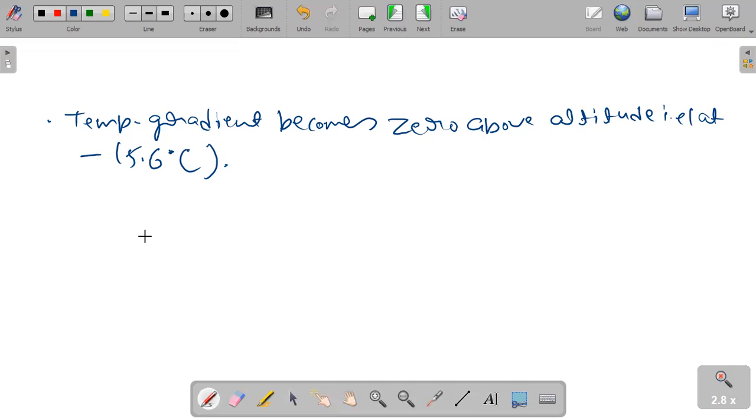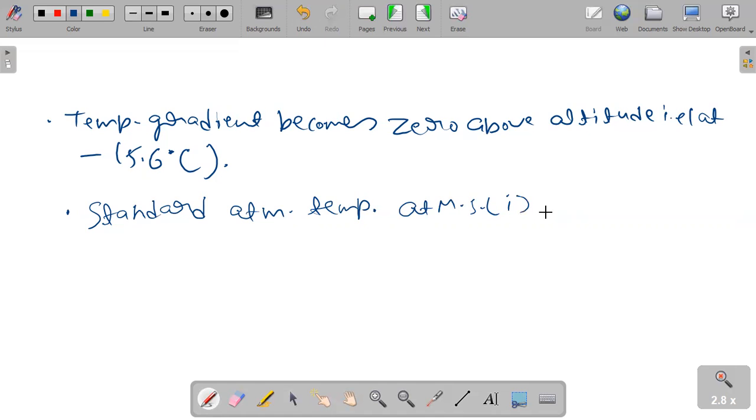And the standard atmospheric temperature at mean sea level is taken as 15 degrees Celsius.